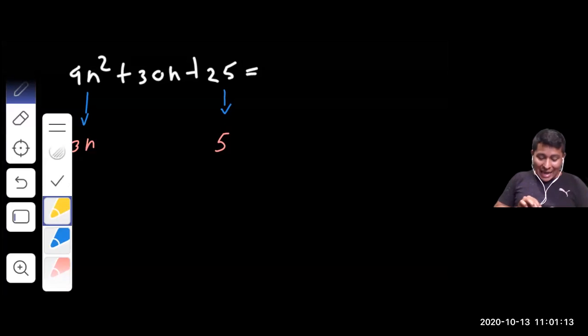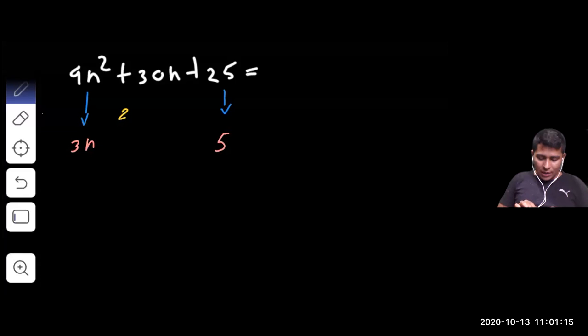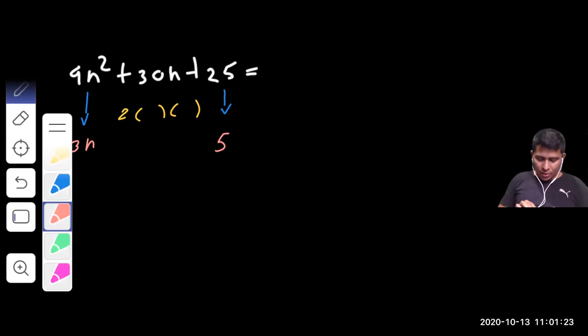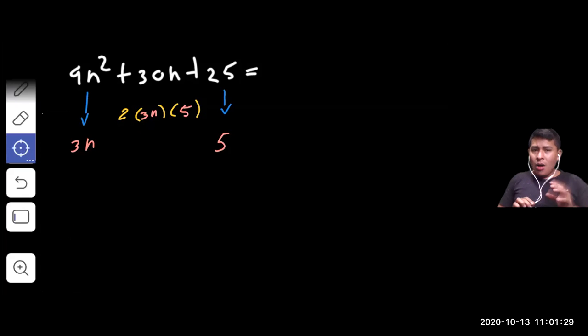Now, the only thing, guys, that you need to check is the middle term. 2 times the first times the second one. This is just a formula. You're going to substitute this here and this here. Let's see if we get it. 3n times 5. 2 times 3, the coefficients, 6. 6 times 5, 30. 30n. It worked.